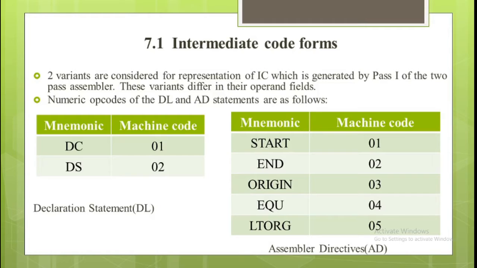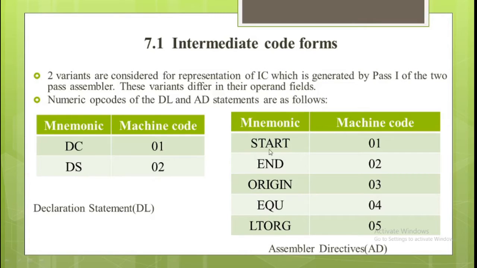Now we will talk about the numeric opcodes of the declaration statement and assembler directives, which is shown in these two tables. For the declaration statement, if the mnemonic is DC, it will be represented as the machine code 1, and for DS it will be represented as 2.